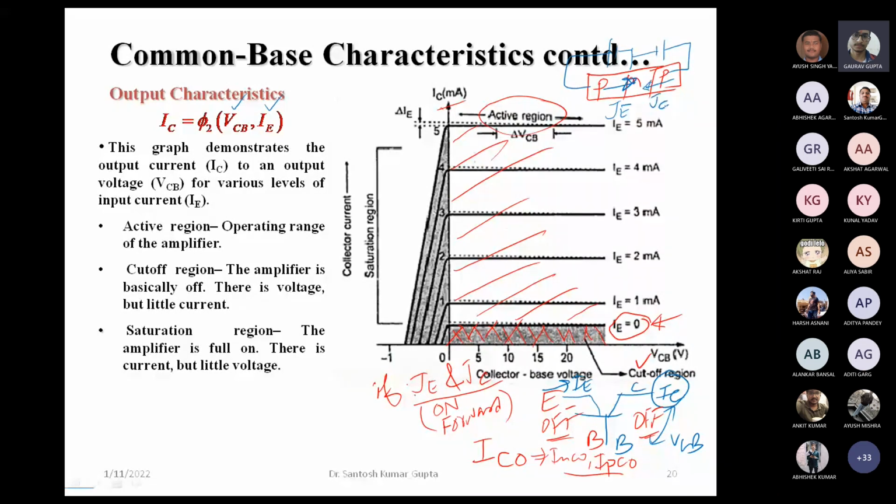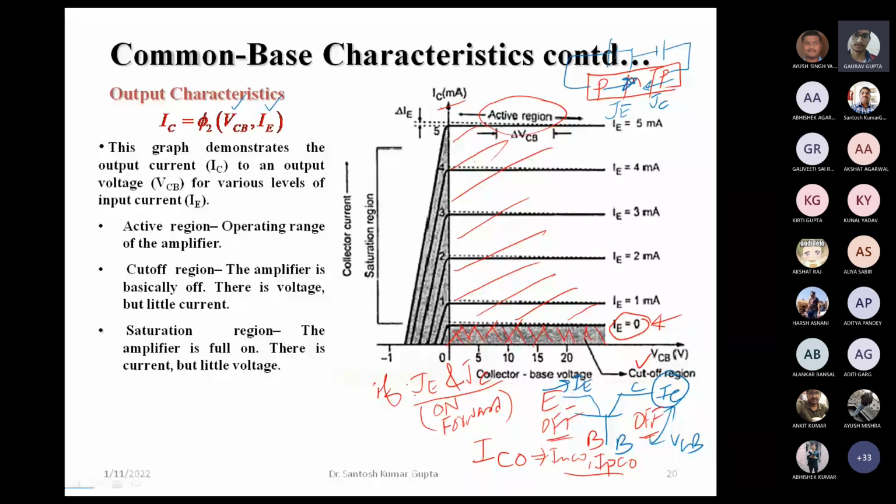So it looks like both emitter current and collector current are opposing each other. But we see that the emitter current will be large compared to the collector current. Why is it so? Because the emitter is heavily doped, whereas the collector is lightly doped as compared to the emitter.